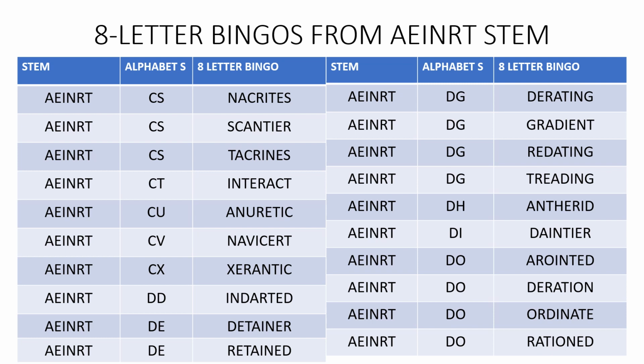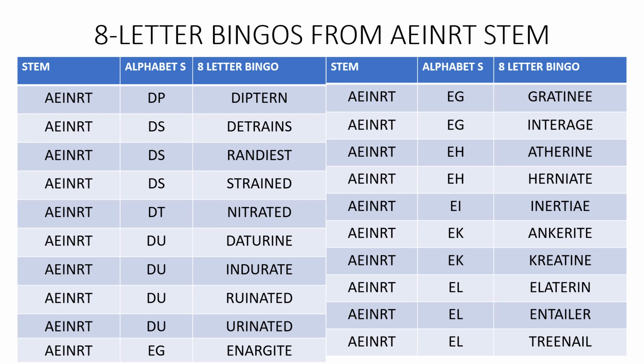Indarted, treading, redating, daintier, duration. So these are not very obscure kinds of words, rather quite common ones. The only thing is that if you practice properly, then you'll be able to identify these.